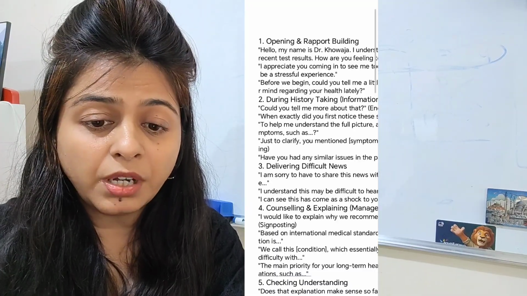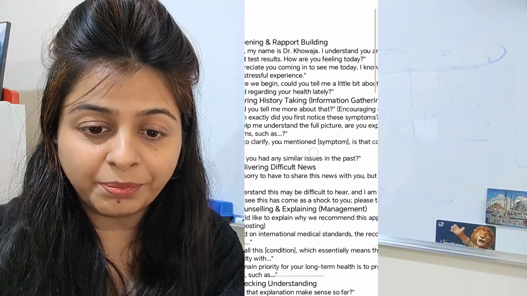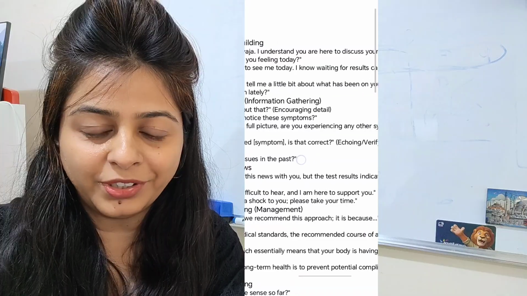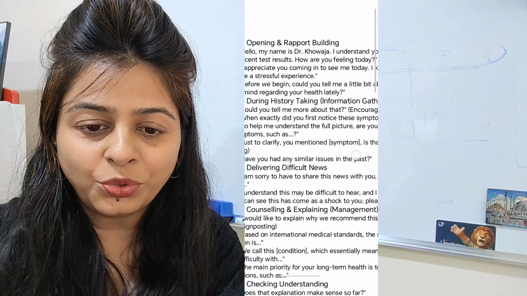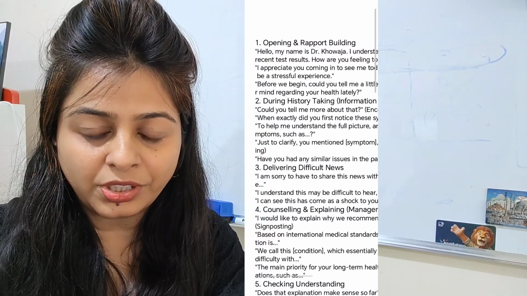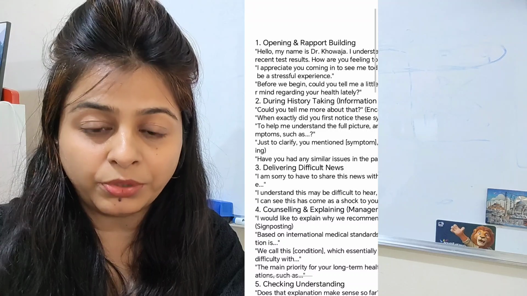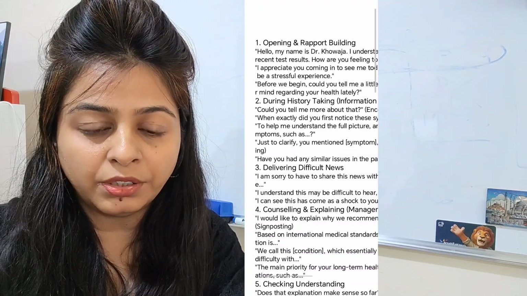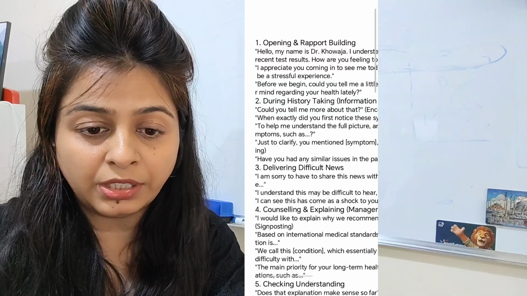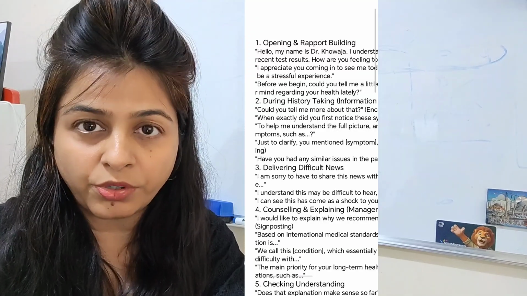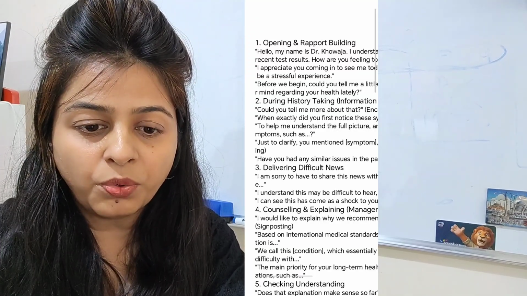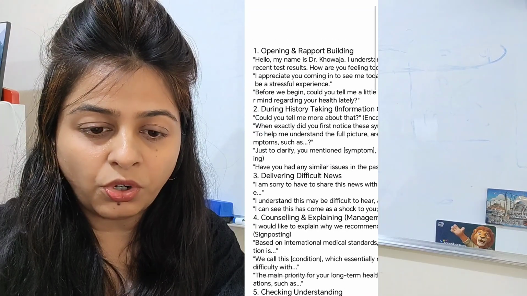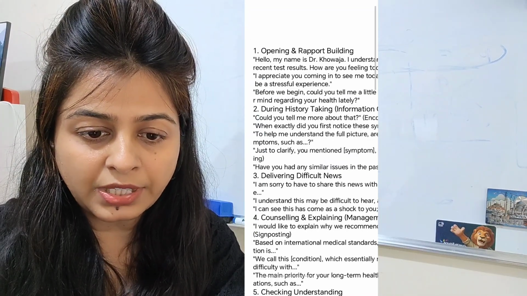By asking this question, you are encouraging the patient to explore more about her feelings today and to build up rapport, and open-ended is also a very important line. So you can use this line, or you can use this line as well.